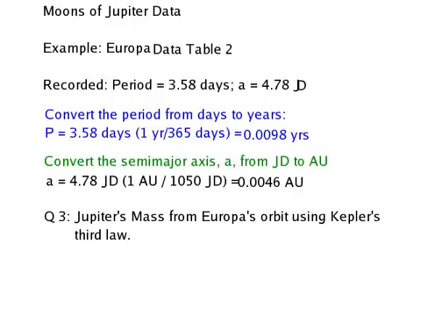Kepler's third law says that when you take the cube of the semi-major axis divided by the square of the period for an object orbiting a planet or the Sun, that equals the mass of the object being orbited in units of solar masses, as long as we use Earth years and astronomical units for A and P.